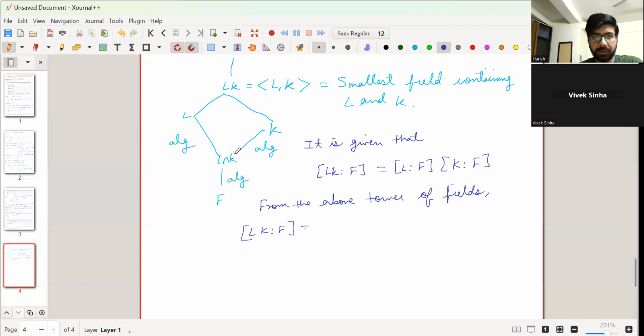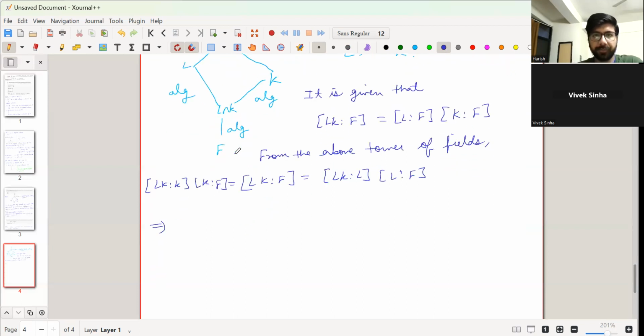This is LK over L and L over F. And also this is the same as LK over K and K over F. So you compare these three equations, LK over F is the same.